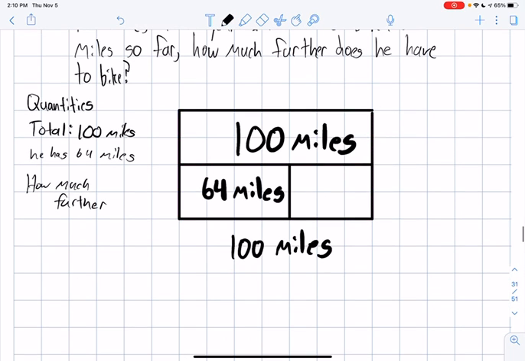Well, there's a couple ways to do it. I'm going to do it the way that I learned when I became a teacher, which is decomposition with subtraction. So I have my 100 minus my 64. So what I want to do now is break this up into a 4 and a 60.